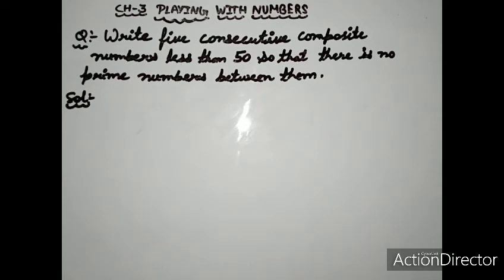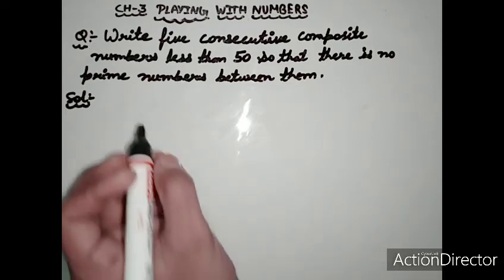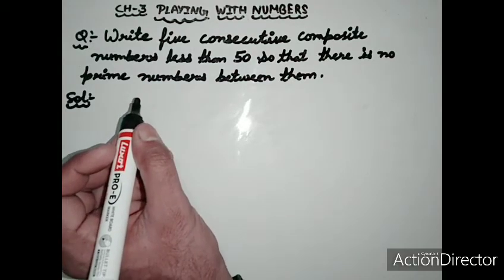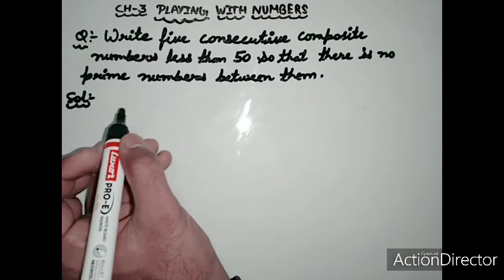In this chart there are a total of 5 consecutive composite numbers between 23 and 29. So what are the numbers? 24, 25, 26, 27 and 28.